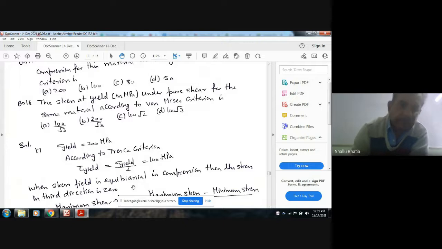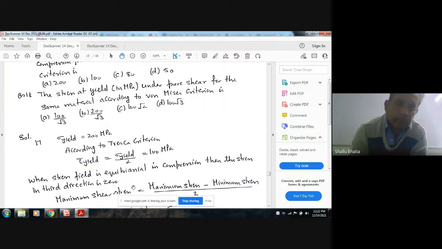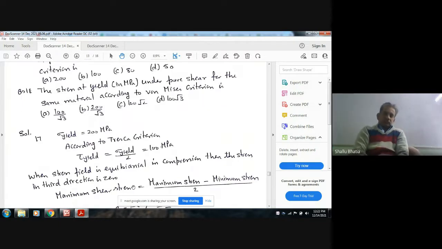We calculate the tau yield, and that is the maximum tau we can apply.